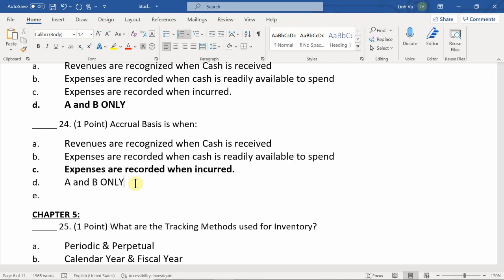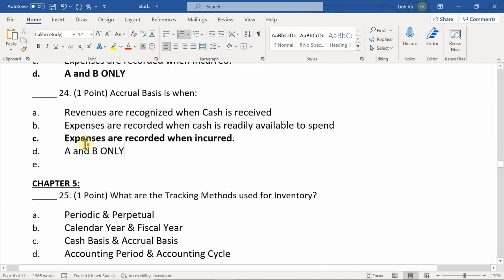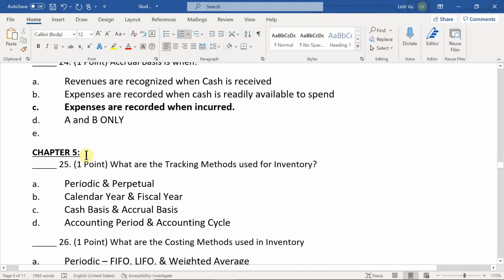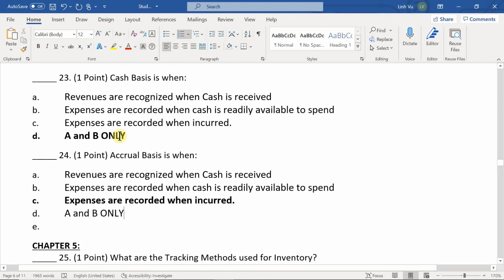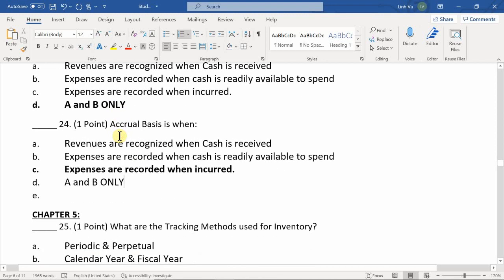I will be asking similar questions. Not exactly, but yes, this question is definitely on the exam. Okay. It's not word for word. It's going to be worded slightly different, but the concept and idea is still there. So again, as an accountant, we have to think of the many ways that this question could be asked, right? I could say accrual basis is when.